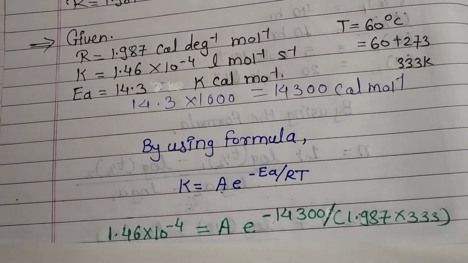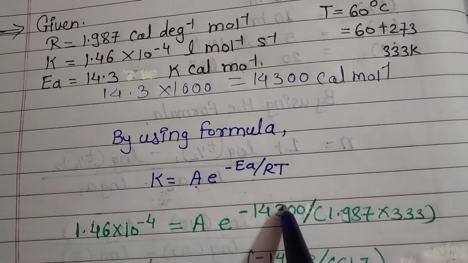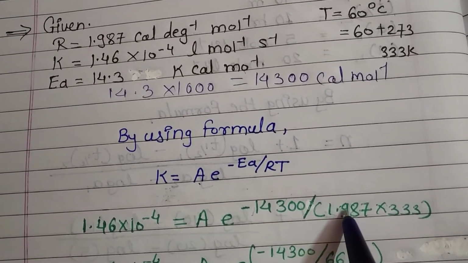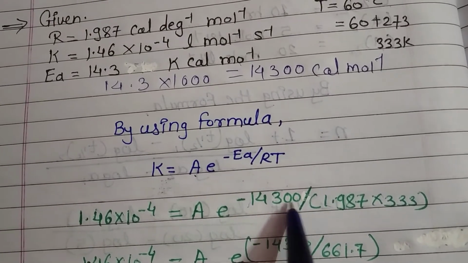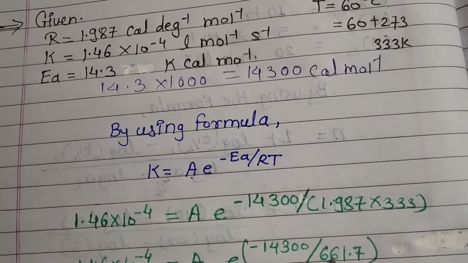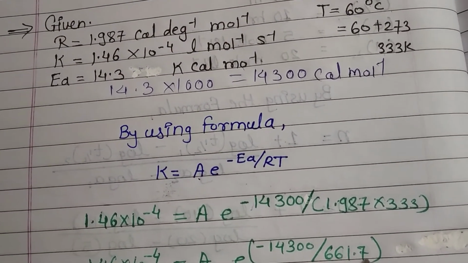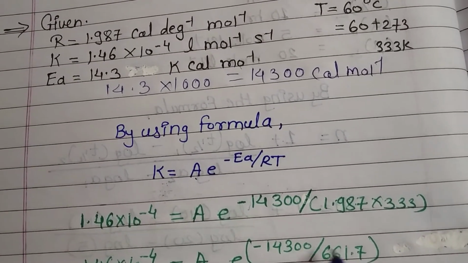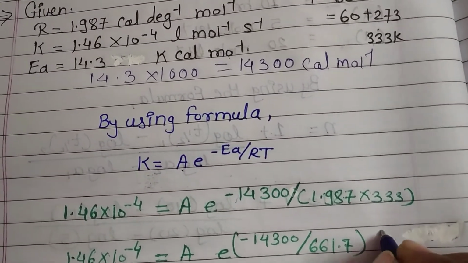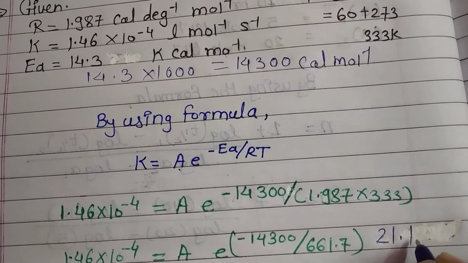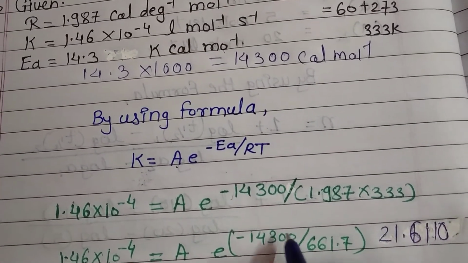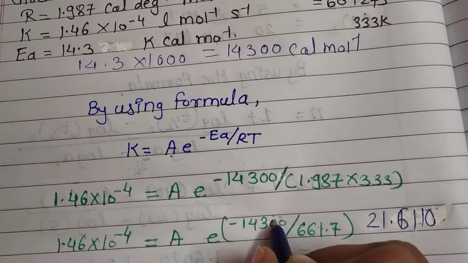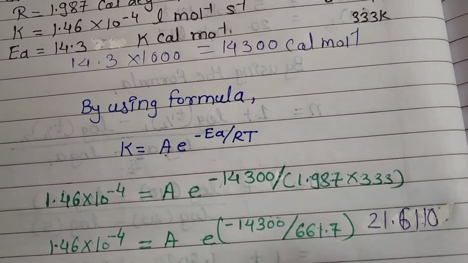We first calculate this bracket. Minus 14300 divided by 661.7. When we divide these two terms, we get the answer 21.611, and we have to take its exponential form.